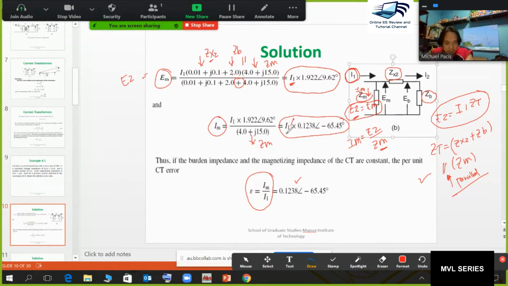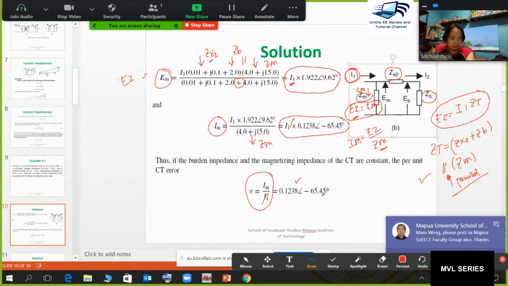If you divide by I1, it will cancel out. So hence the answer is this: 0.1238 at negative 16.45. But this is not the final answer. We need the final answer in terms of the effective turns ratio based on the value of R, which is the ratio correction factor.